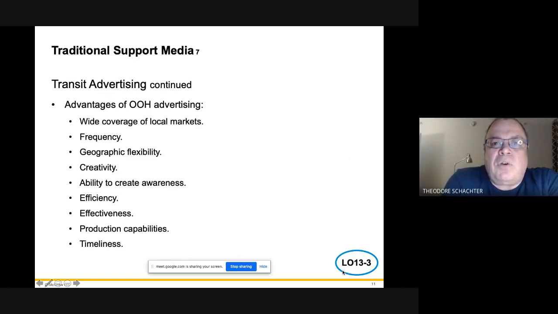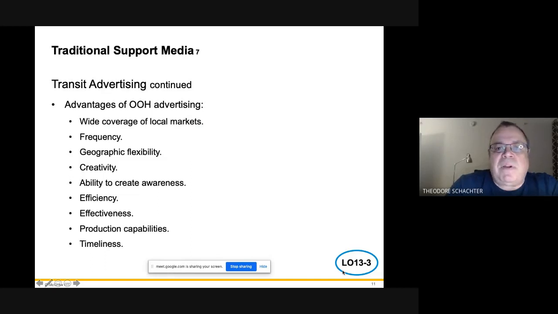So they see the ads over and over and over again. That's frequency. You can select the area where you want the ads to appear. So if it's a category development strategy, CDI, or a brand development strategy, BDI, outdoor and support media gives you that flexibility. You can be very creative.